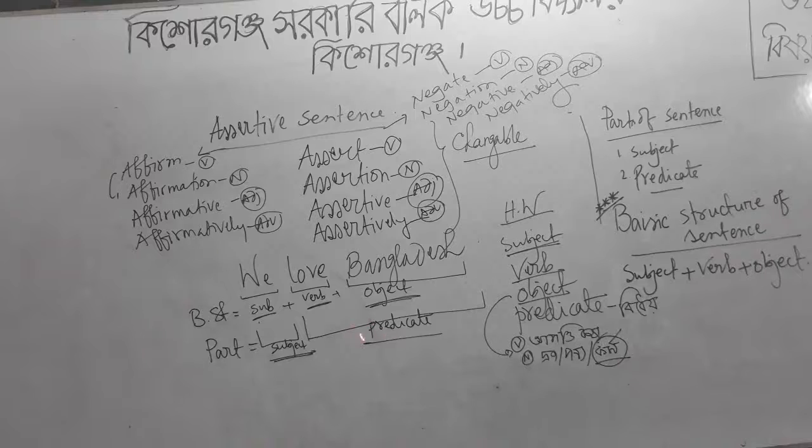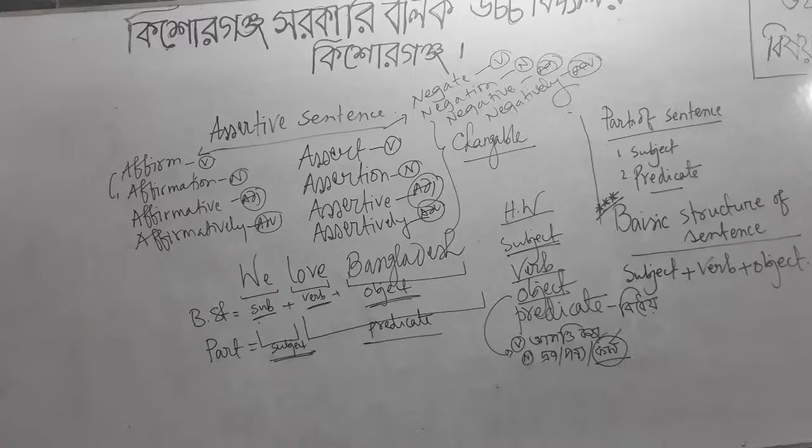So I think you have understood the basic structure of a sentence and what the parts of a sentence are. One sentence has two parts, one is subject, another is predicate, and the basic structure of a sentence is subject plus verb plus object.